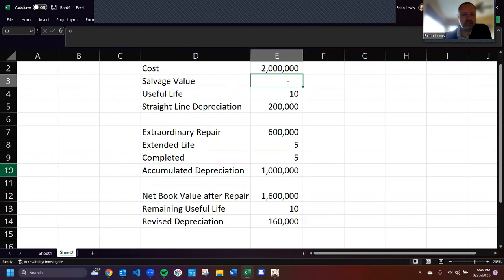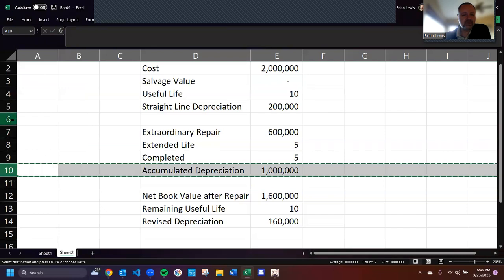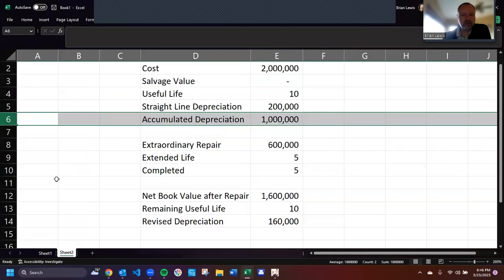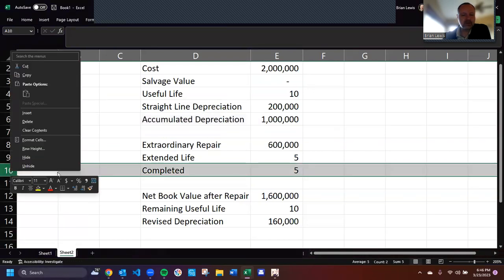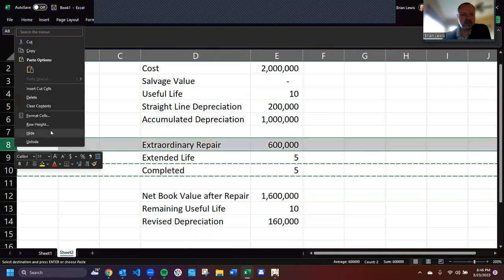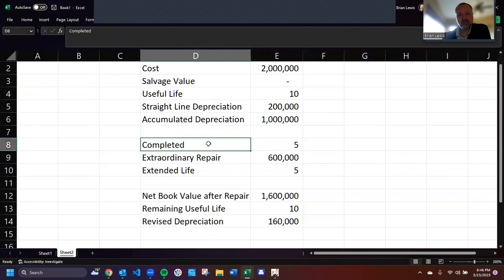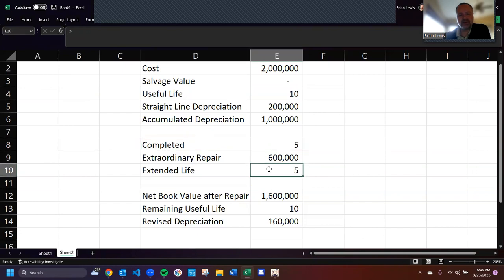And maybe it would be easier if I move things around a little bit. So let's cut this and insert here. And let's cut this and make it like, I don't know, here. Insert cut cells. Okay. So you completed the repair in year 5. It was for $600,000 and extended for 5 years, right?